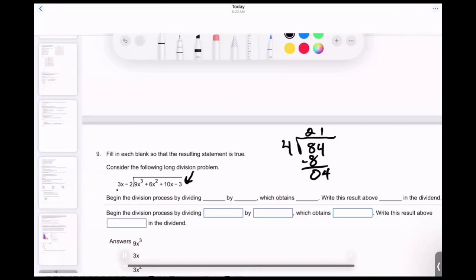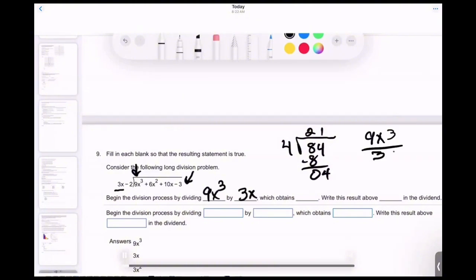So you take 3x and you divide it into 9x squared, but this is breaking it down to make it a little bit simpler for you. It says begin the division process by dividing 9x cubed by 3x.